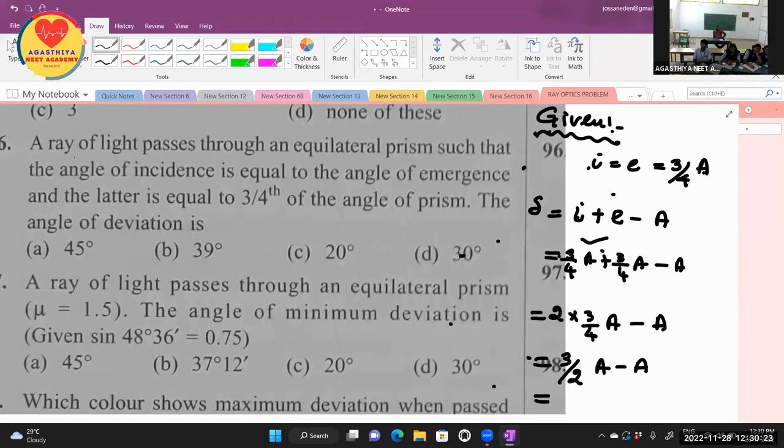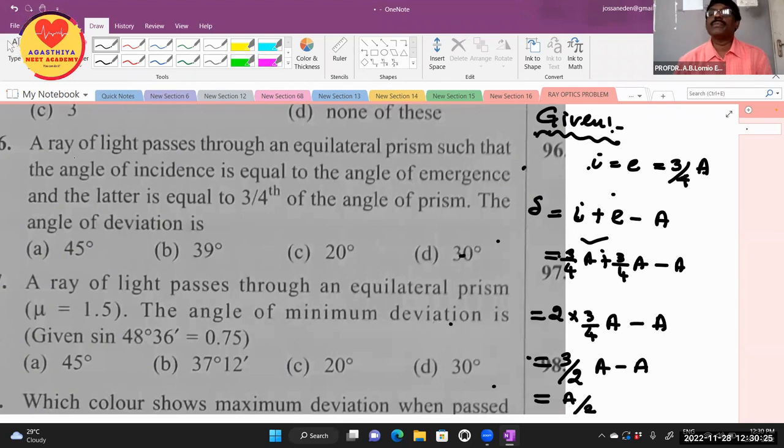Yes. Very good. That means A/2 is delta.